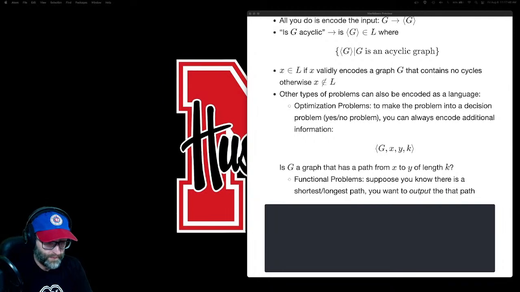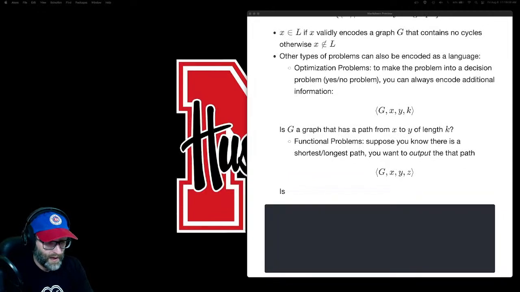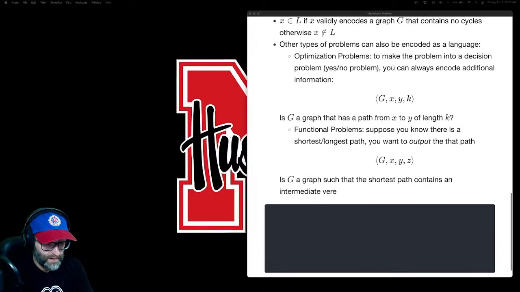What you can do is reformulate your encoding to be something like this, and I'll go ahead and go with Z. And you can ask the question now: is G a graph such that the shortest path contains an intermediate vertex Z?